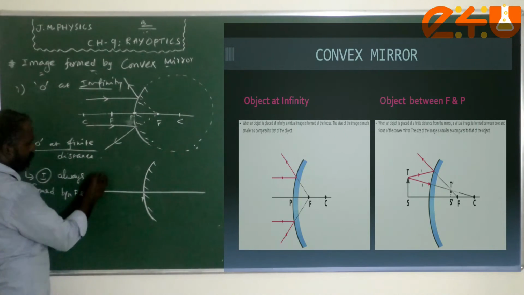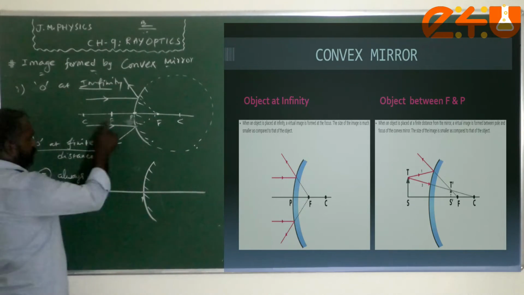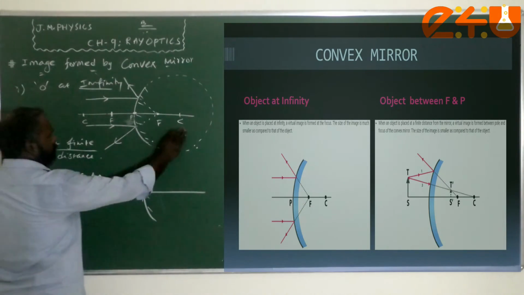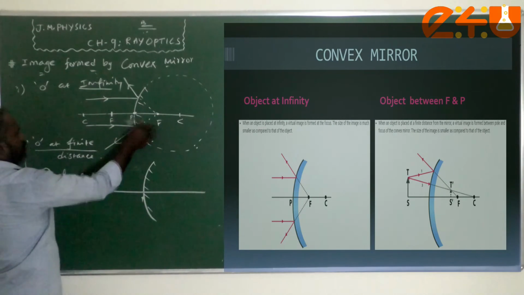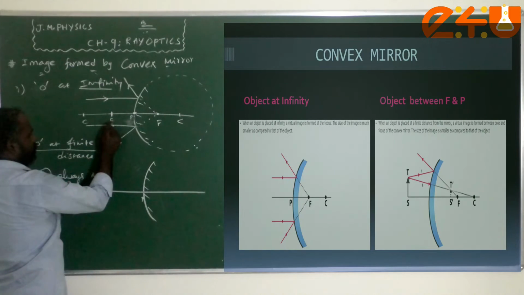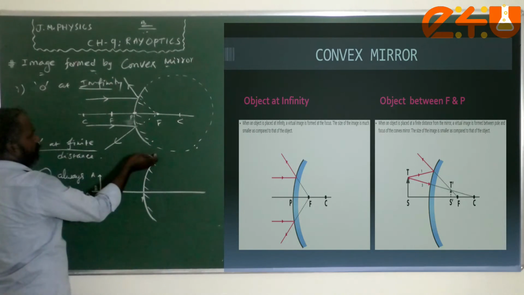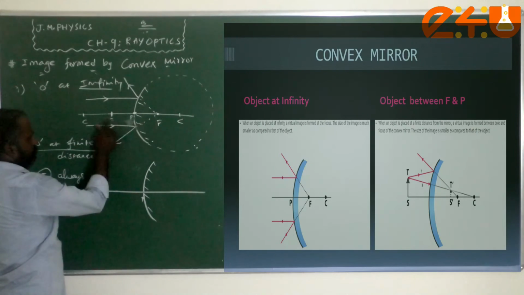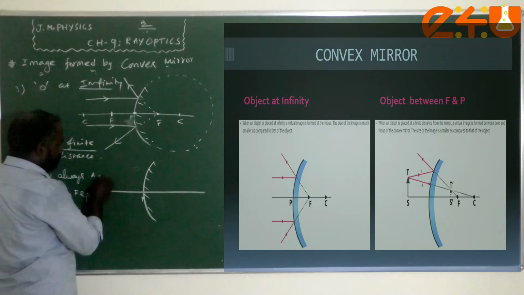So consider that diagram. I can place this object AB beyond C or at any finite distance, as we marked here. Originally f and C exist on the right side; to show the positions of the object, I just marked f and C on the left side, for convenient representation of these distances. Okay children, now I am placing the object. You apply any two rules.